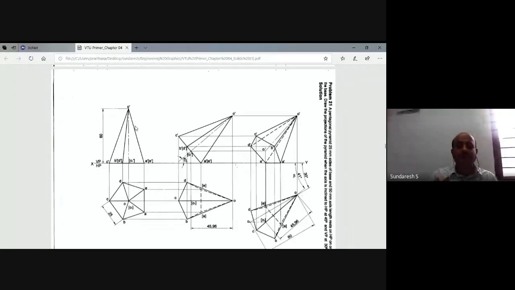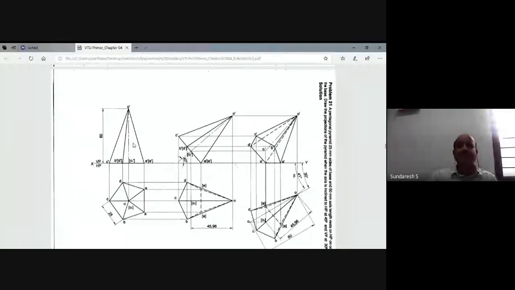So the pentagonal based pyramid, the axis is inclined to HP at 45 degrees, and in that position you are observing the axis from the top, and hence the length of the axis in the top view is foreshortened.